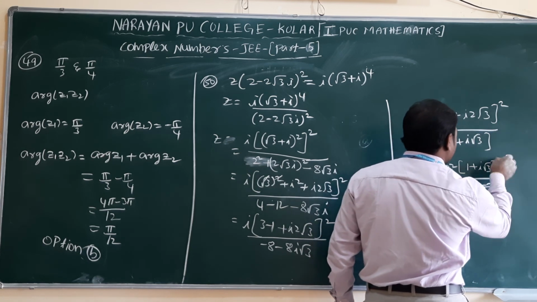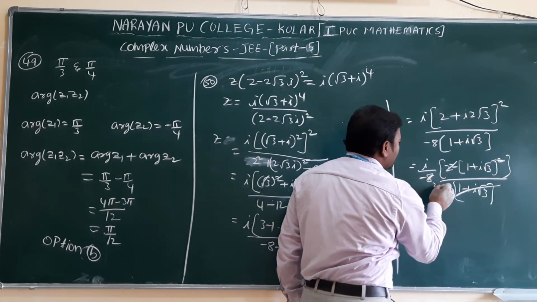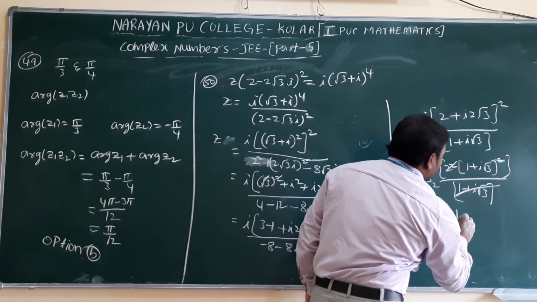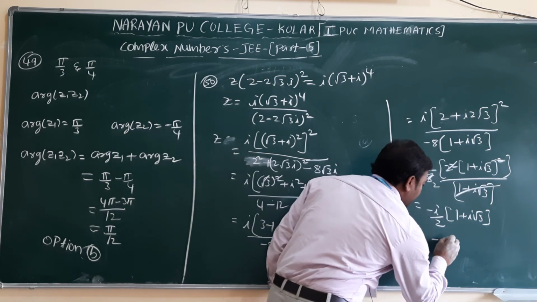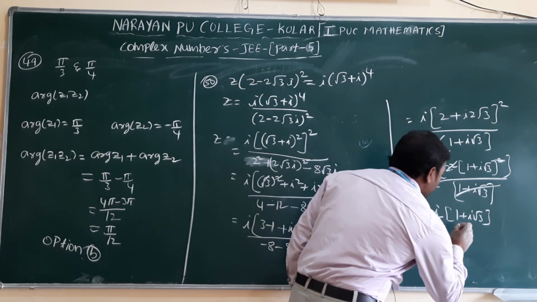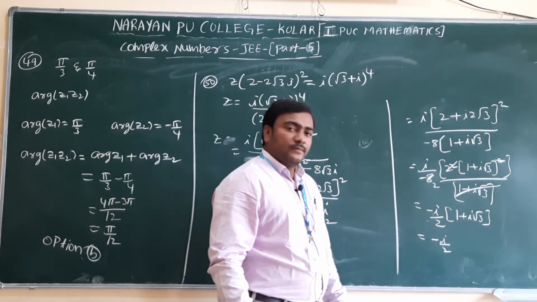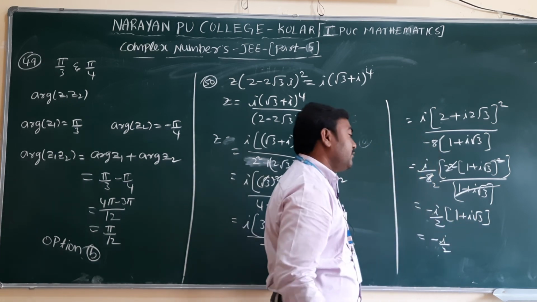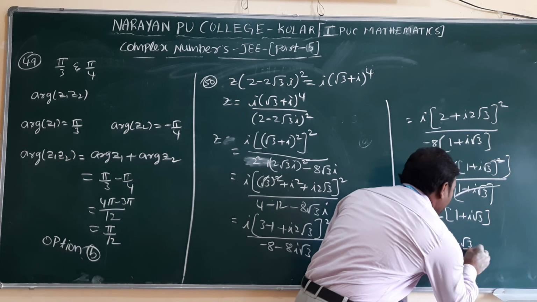Here (1 plus i root 3) cancels, remaining 2 square, meaning 4, and 4 ones are 4, leaving minus i divided by 2 into (1 plus i root 3). So we multiply here minus i by 2: minus i into plus i gives minus i square, so we get i by 2 plus root 3 by 2.